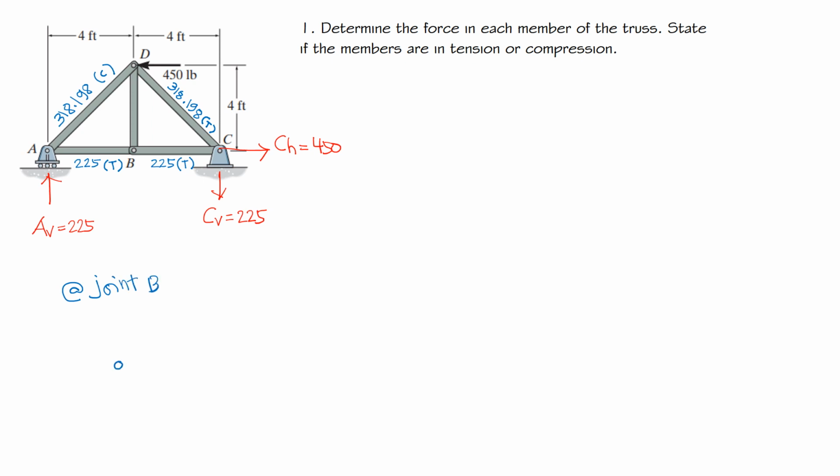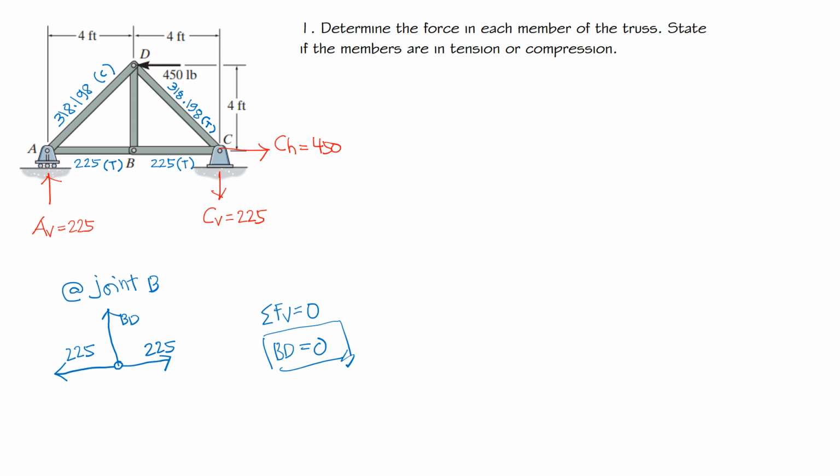So at joint B, we have 225, and then we also have here force 225, and then we have here member BD, and we can assume any direction. So from here, summation of forces vertical is equal to 0. So obviously, there are no other vertical forces acting on it. So that becomes BD is equal to 0.